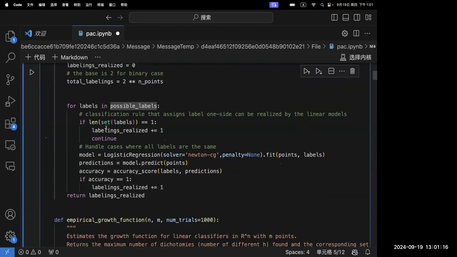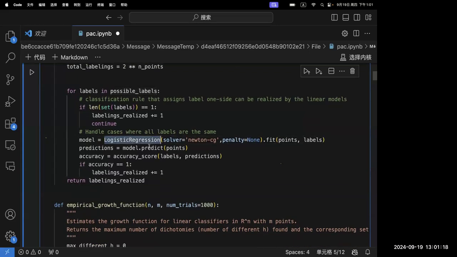We basically fit a logistic regression model to see if we can make correct predictions for a given input to predict its labels. If the accuracy is exactly 100%, it means we have realized this classification, and we add one to our realized labelings.